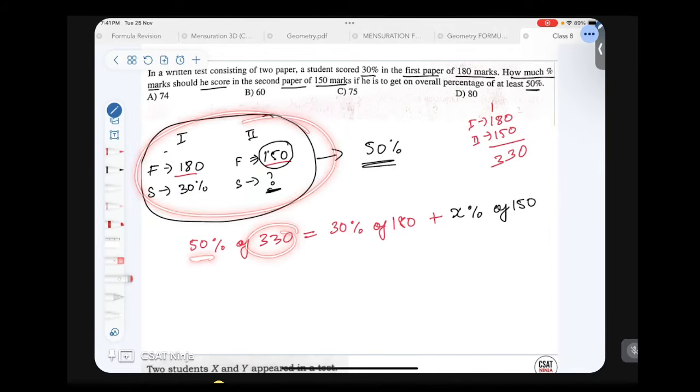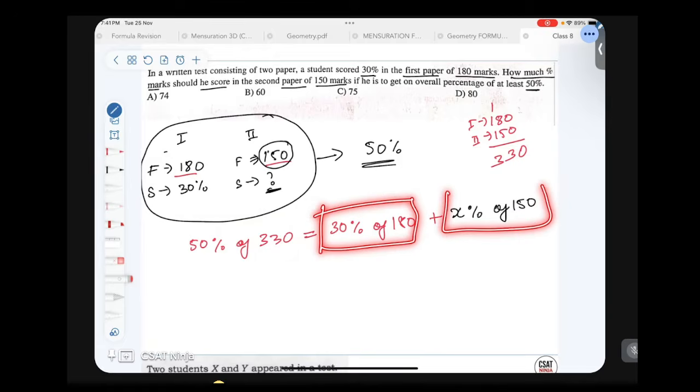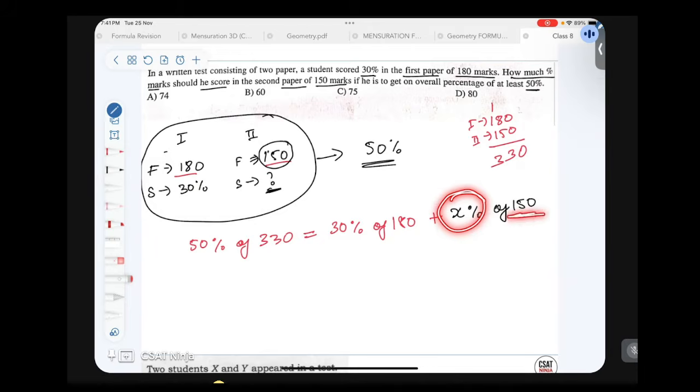Total marks here is 180 plus 150, which is 330. So he needs to score 50% of 330, combining paper 1 and paper 2. For paper 1, he's scoring 30% of 180, and for paper 2, he needs to score X% of 150 there. So let's try to solve this one completely.